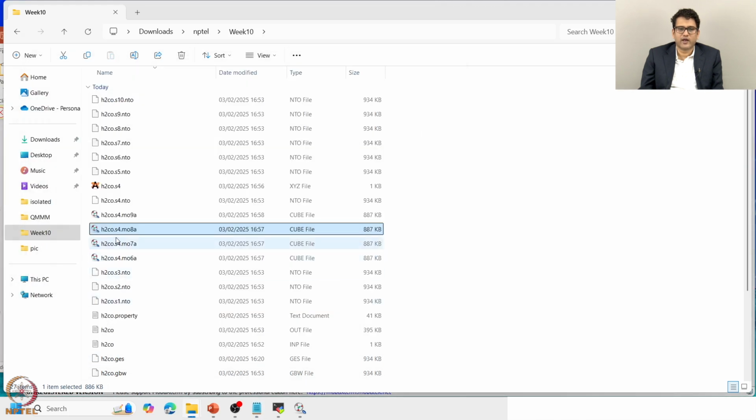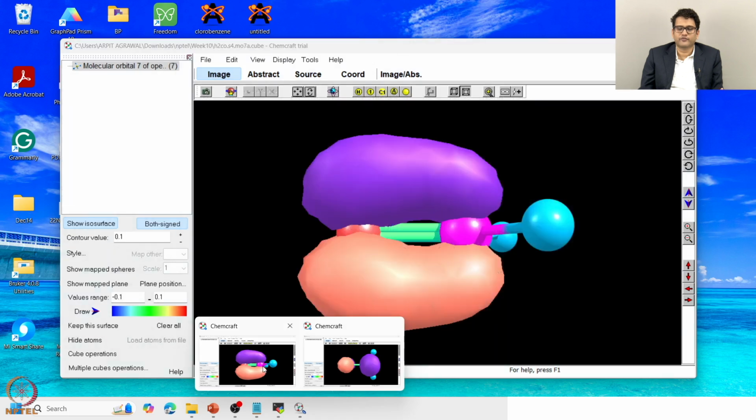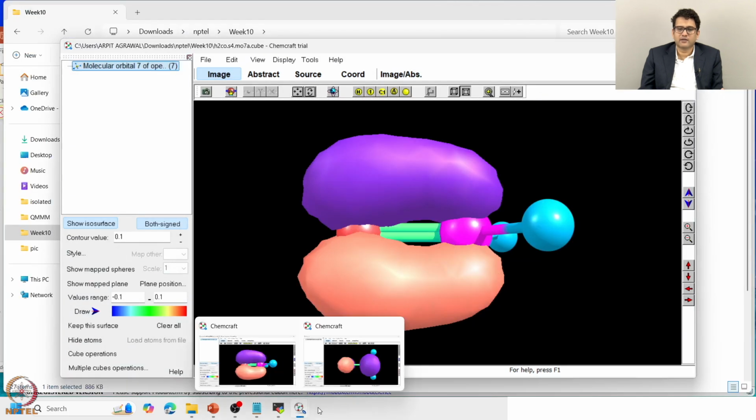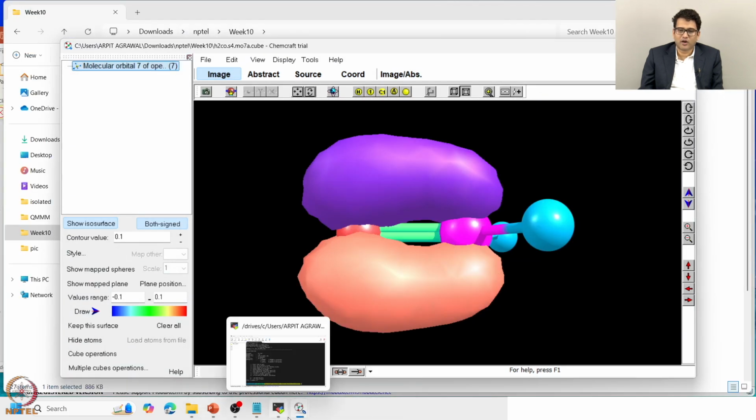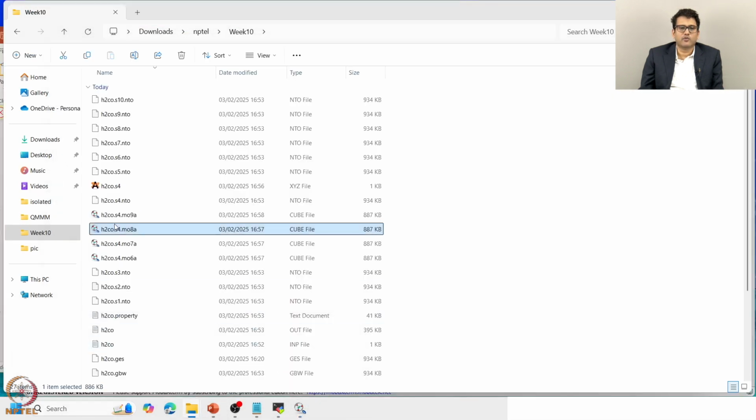Yes, this is 6 to 9. Sorry, I told it wrong. This is a pi to pi star transition. One of the transitions is pi to pi star, not non-bonding, and the other one is from 6 to 8. Sorry, 6 to 9.